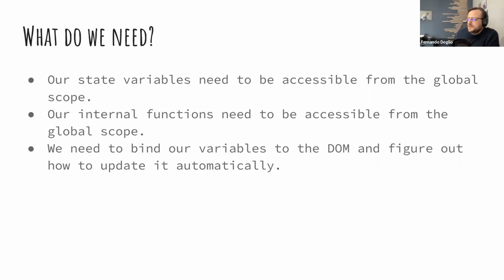And finally, we need to bind, which is something that we haven't seen so far. We need to bind the variable to the DOM and figure out how to update that automatically. So those are the conditions that have to happen. The last one is one we already knew, and it's kind of the whole point of this conversation.